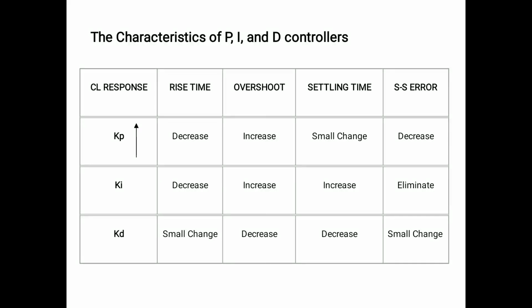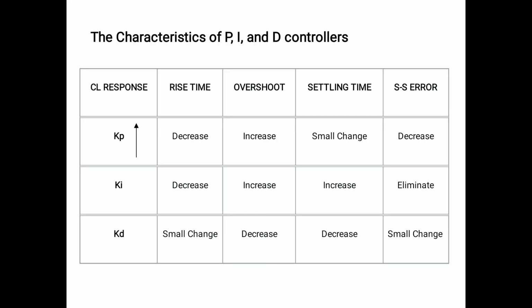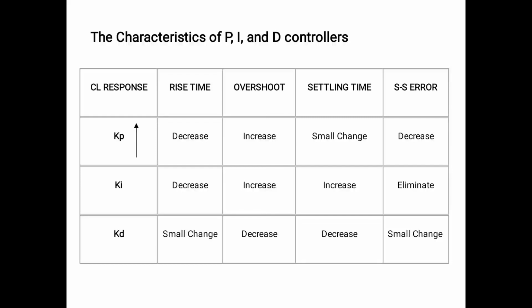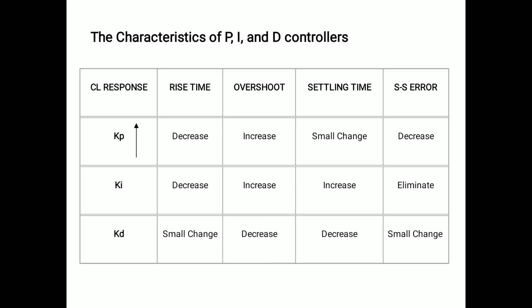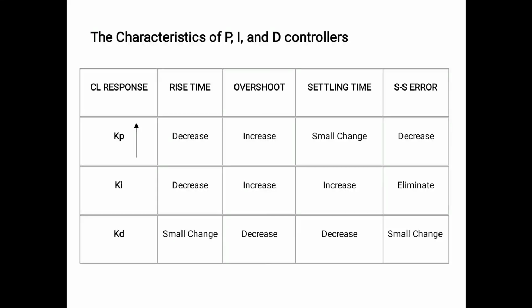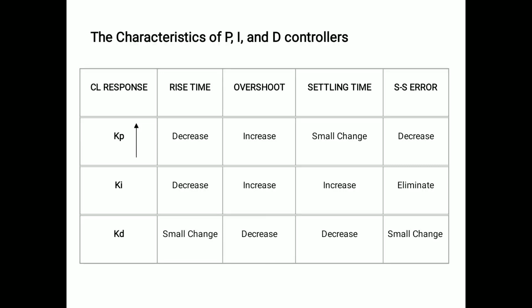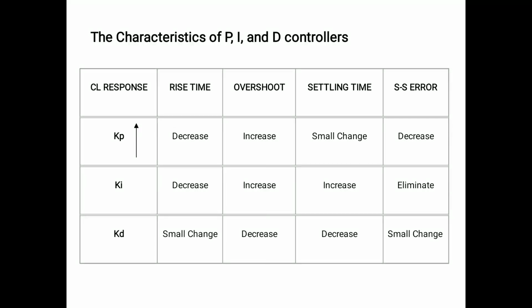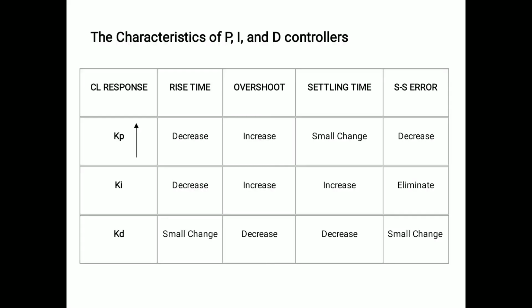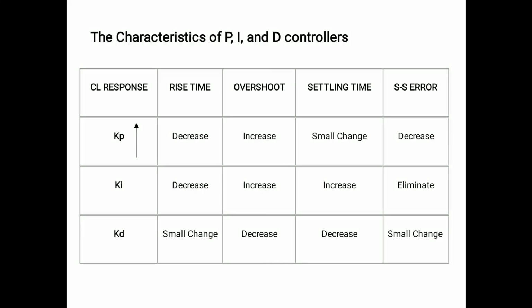In the integral control, rise time will be decreased, overshoot will be increased, settling time is increased, and the steady state error is eliminated. In the derivative control KD, there is a small change in the rise time, the overshoot is decreased, the settling time is also decreased, and there is a small change in the steady state error.